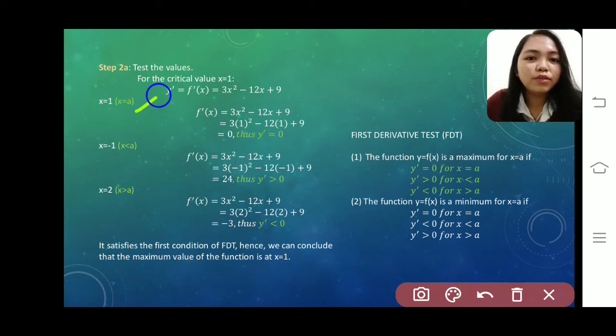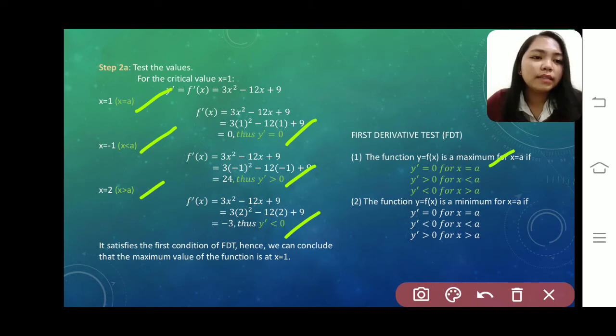So, based on the values we got, these are the pairs. X equals a: for x equals a, y prime is equal to 0, and then y prime is greater than 0 for x less than a, and another one is y prime less than 0 for x greater than a.